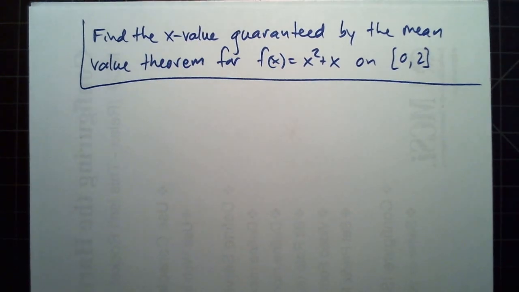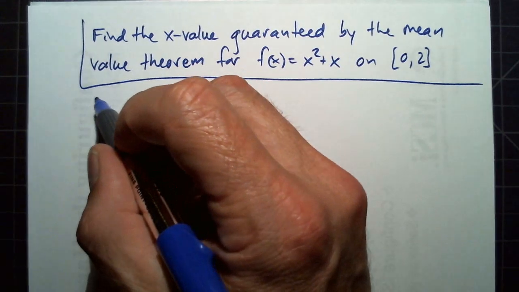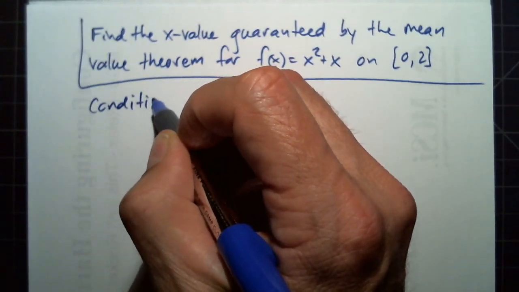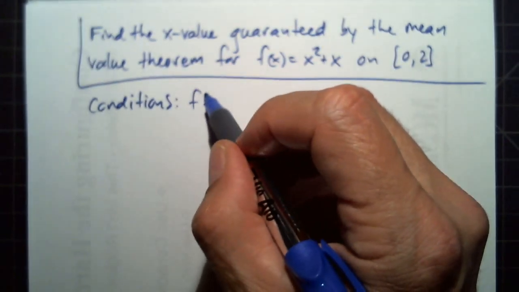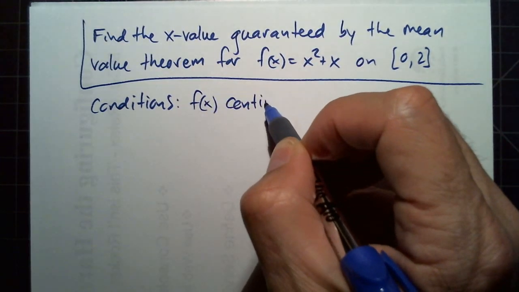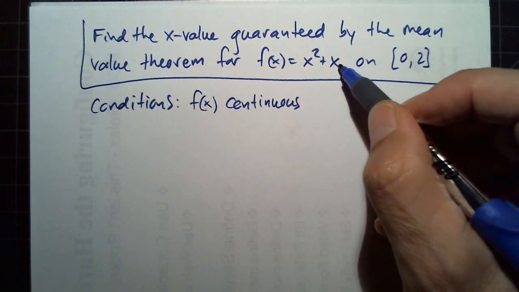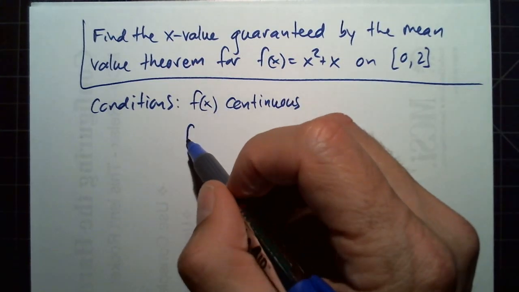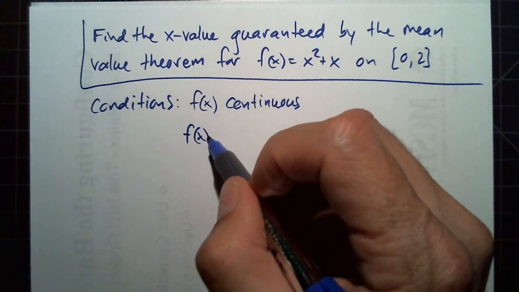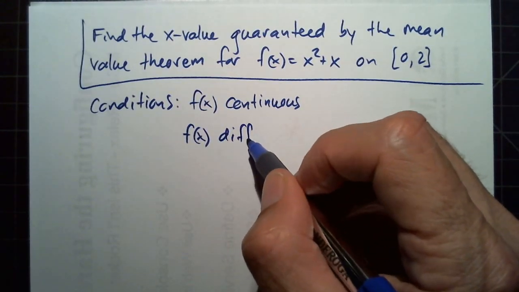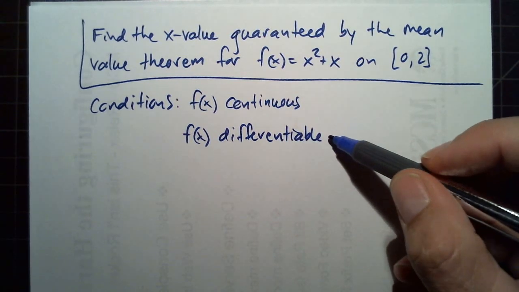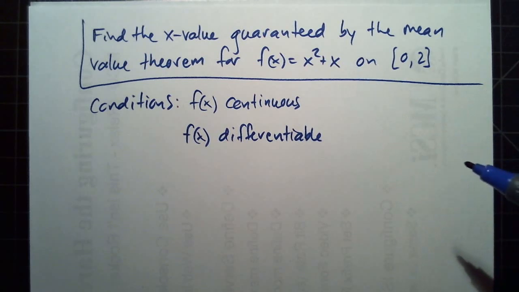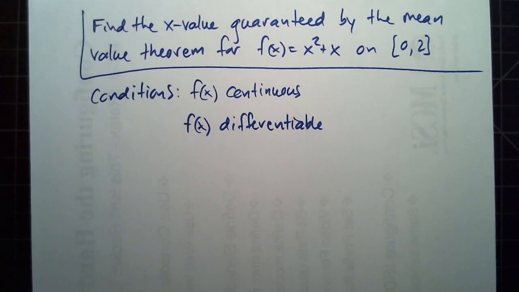Okay, mean value theorem. Let's look at the conditions for the mean value theorem. The function has to be continuous, and polynomials are always continuous. We also have to have the function be differentiable, or smooth. We can say smooth or differentiable, and polynomials are always smooth and differentiable. So the conditions are met.